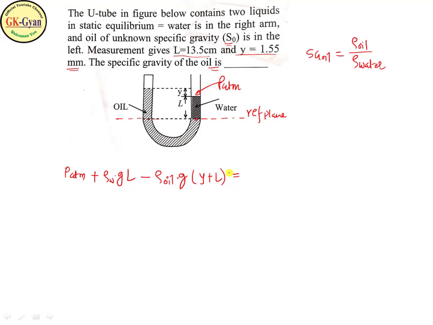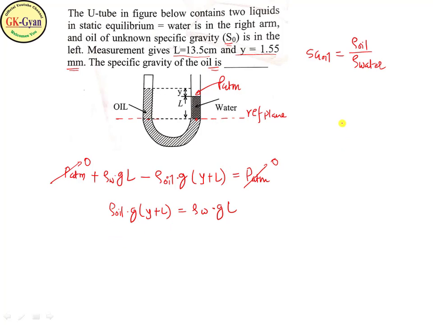P atmosphere once again. We know atmospheric pressure as a gauge pressure is taken as 0 here, so mark it as 0. So rho of oil into g into Y plus L equals rho of water into g into L, because there is a negative oil term, we shift it to the right-hand side of the equal sign.